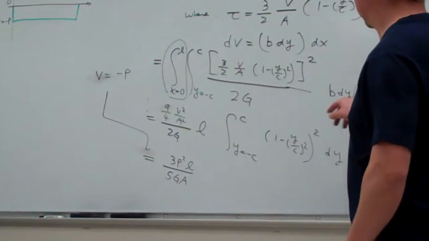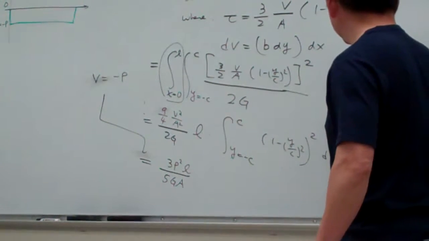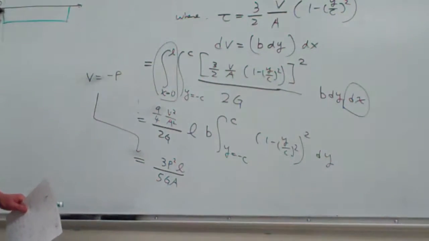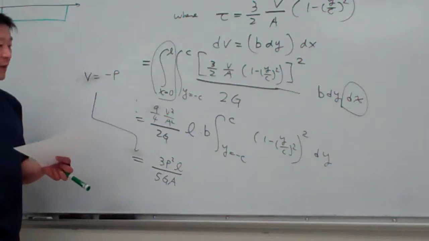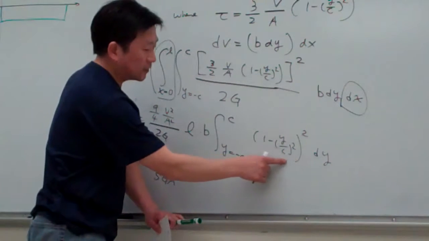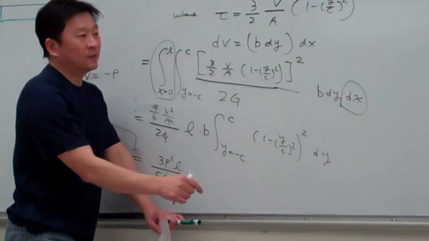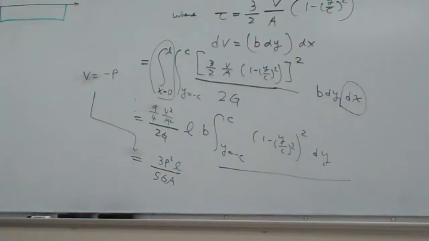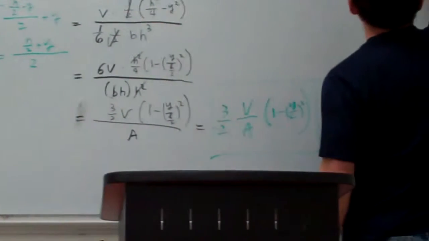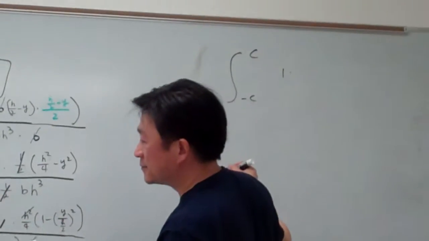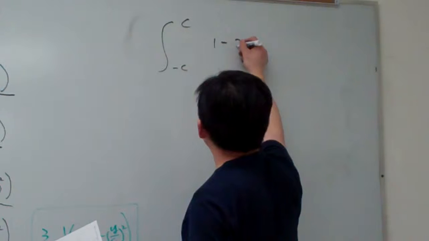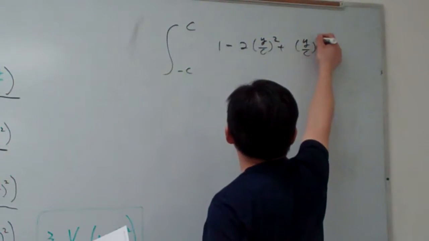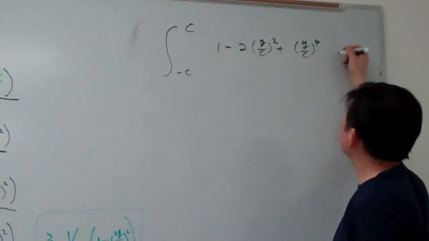B should be here. Why is it 5? Let me implement this. That is the integration from minus C to C of 1 minus 2y squared over c squared plus y to the fourth over c to the fourth, dy.